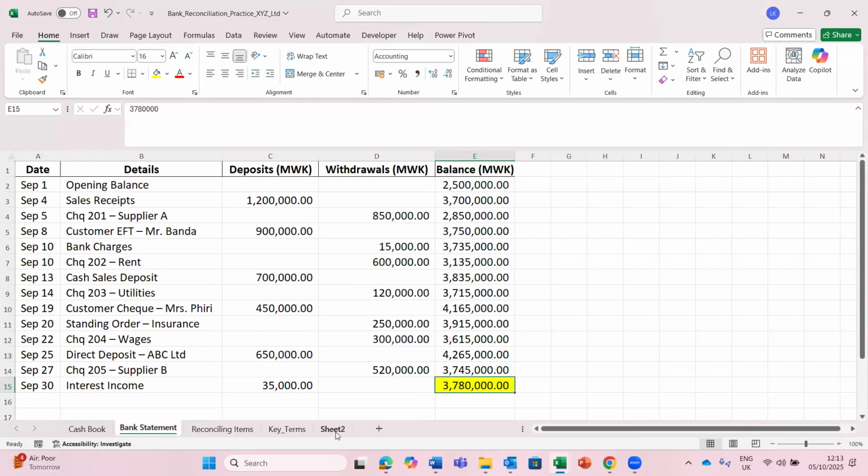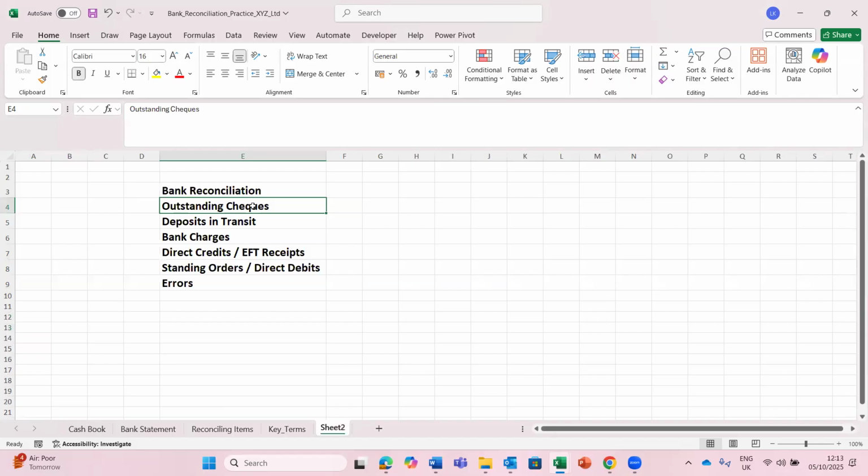So that's number one reason. That is outstanding check. These are checks issued by the company, but they have not yet been presented at the bank, or the payee has not withdrawn the money. So it will show as outstanding check. That's one of the differences.